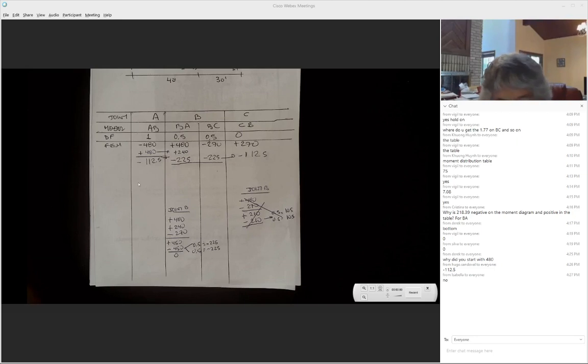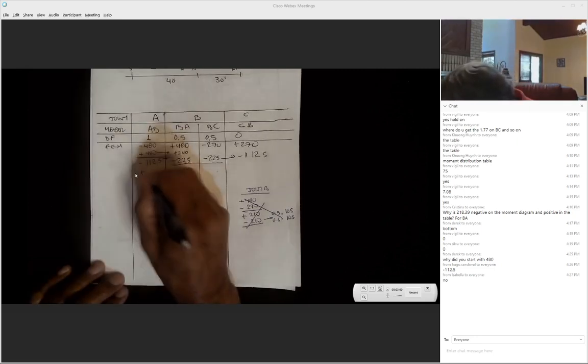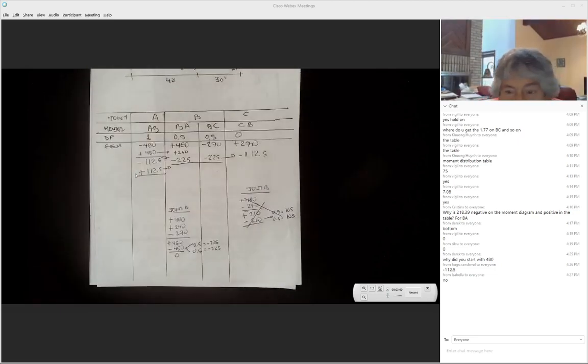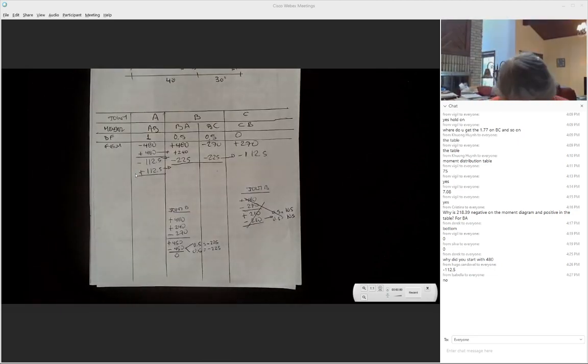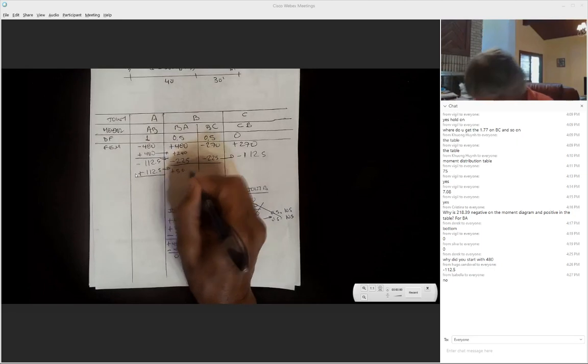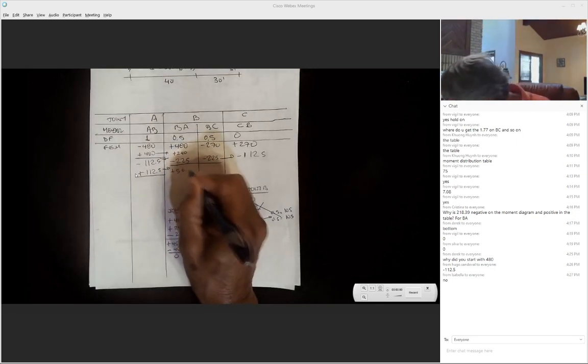This is the only one that is not in equilibrium. So I need to come to this one. To put this one in equilibrium, I need to put an equal and opposite. So plus 112.5 balance. And I need to send to the opposite side 50%, plus 56.25.